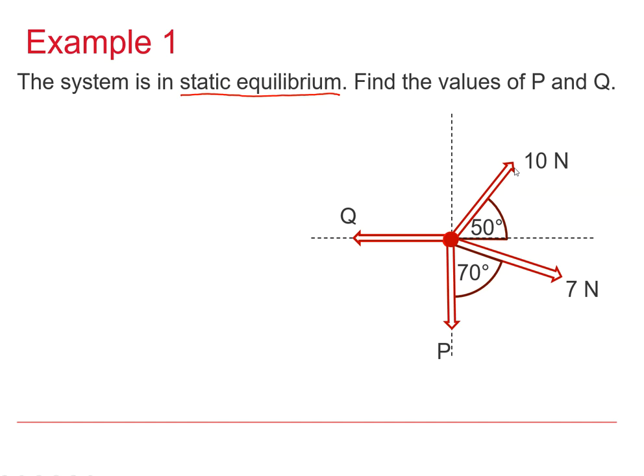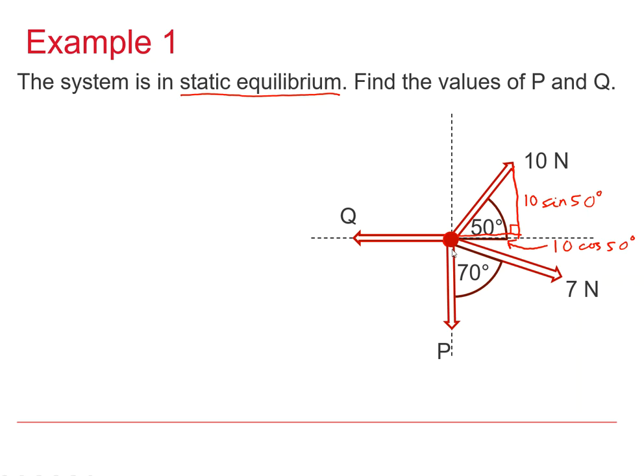So why don't we start with this force here, and we can resolve it into a horizontal component and a vertical component by drawing a right angle triangle on the force, similar to what we saw in the previous slide. And that means that this vertical component is 10 sine 50 degrees because that's opposite the angle, and this horizontal component here is 10 cos 50 because that's adjacent to the angle.